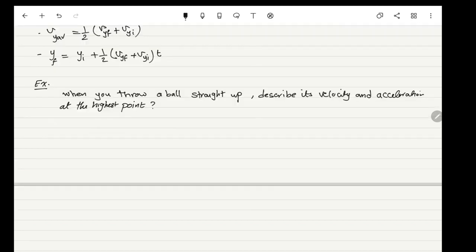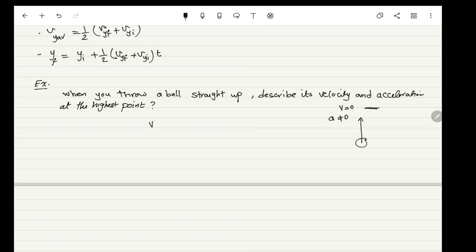Now let's have an example. When you throw a ball straight up, describe the velocity and acceleration of that ball at the highest point, assuming that there is no air resistance. In this case, when you throw a ball up and it reaches the maximum height, the velocity momentarily will be 0, and the acceleration will never be 0 because it's constant.